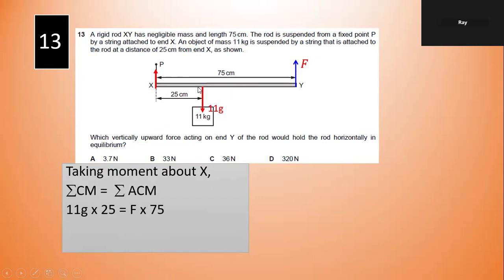Don't worry, you want to change the unit can also, but it doesn't matter because our force will be in Newton. Our distance, if you use meter, it will come out as meter. If you use cm, it will come out as cm. So 11G times 25 cm, F times 75.